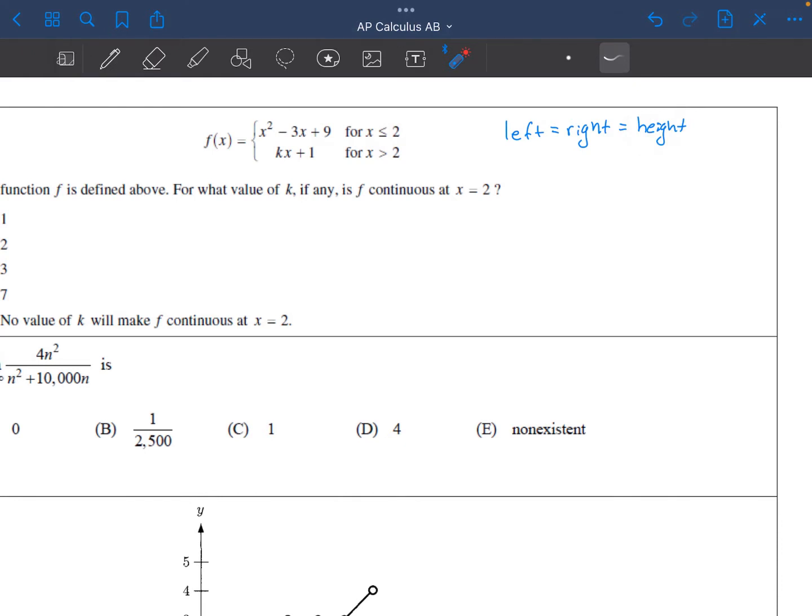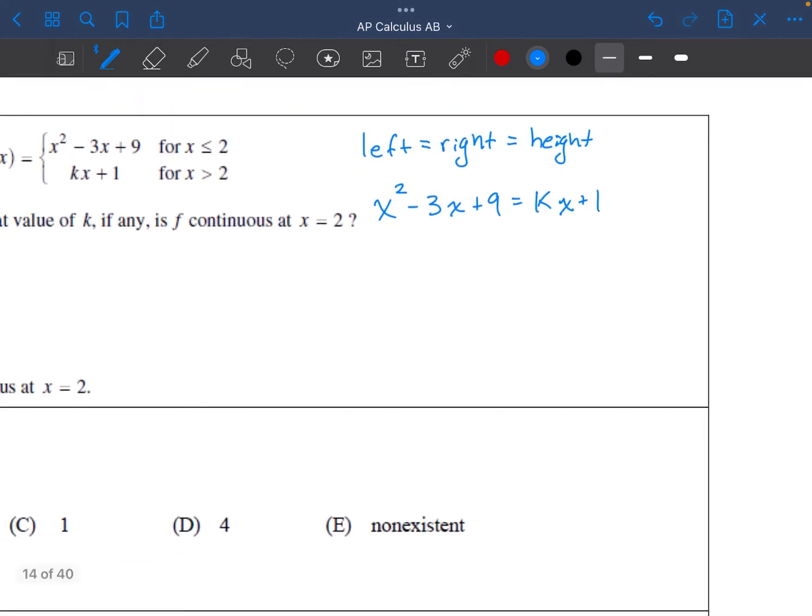So essentially just say this is equal to this, and then plug in x equals 2 and see what you get out. So I'm going to say x squared minus 3x plus 9 is set equal to kx plus 1, and plug in our suspect point. Our suspect point is 2.